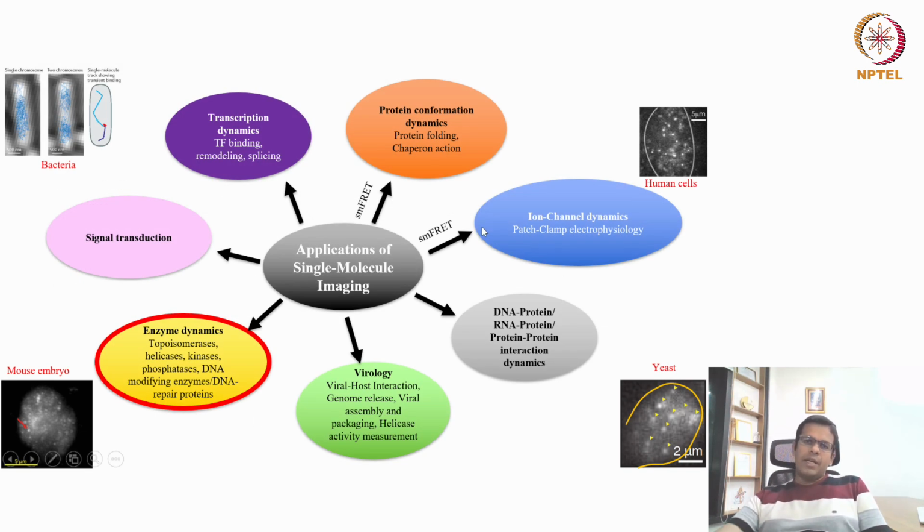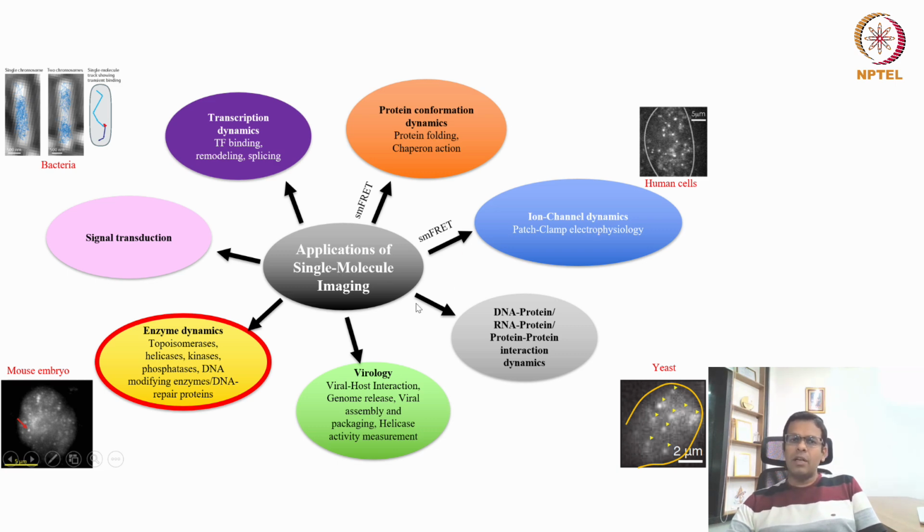So here I have summarized the broad applications of single molecule imaging. These days, single molecule imaging has a variety of applications to address a variety of biological questions. You can use single molecule imaging to study protein conformational dynamics using single molecule FRET. You can use it for ion channel dynamics using single molecule FRET.